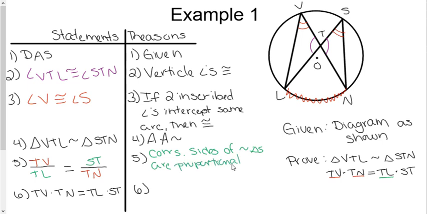But we had a very nice simplified version of this that we called CSSTP. Very close to CPCTC, same five letters, just different ones. And then our last theorem, which allowed us to do the cross multiplication and get this, was the means extremes products theorem. And that gave us our proportion right there.